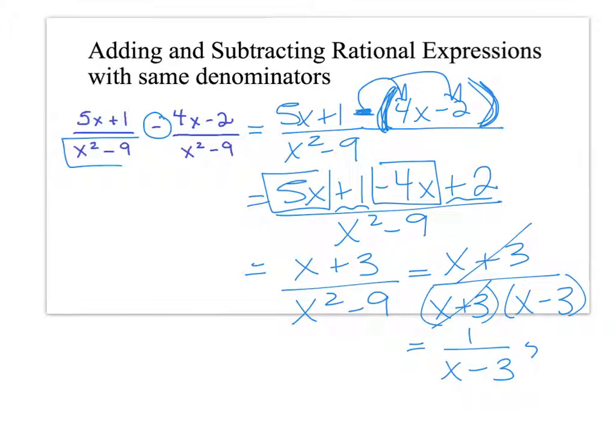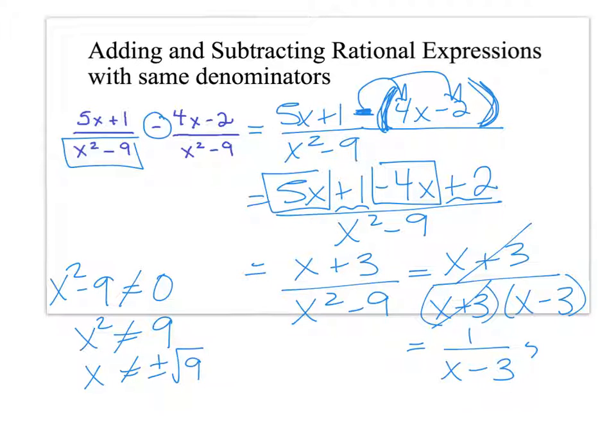In this case, x squared minus 9 cannot equal 0. So x squared can't equal positive 9, which means x cannot equal positive or negative square root of 9, and therefore x cannot equal positive or negative 3.